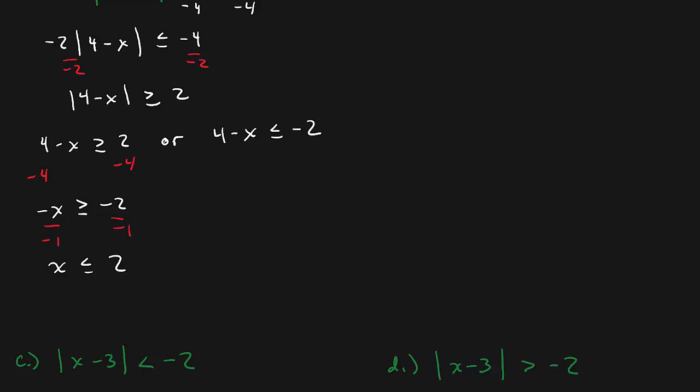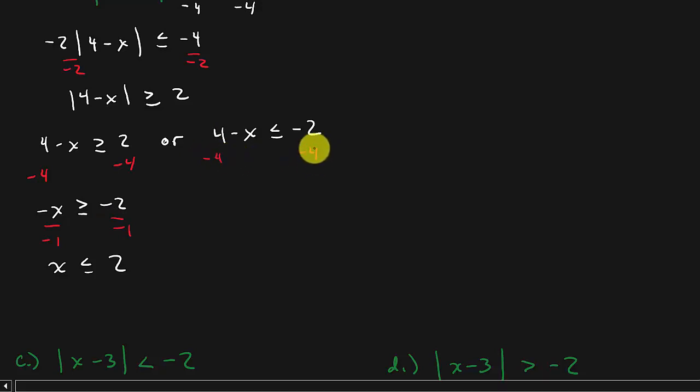And then I'm going to subtract 4 to both sides. And that's going to give me negative x is less than or equal to negative 6. And then I'll divide both sides by negative 1. And so I get x is greater than or equal to 6.